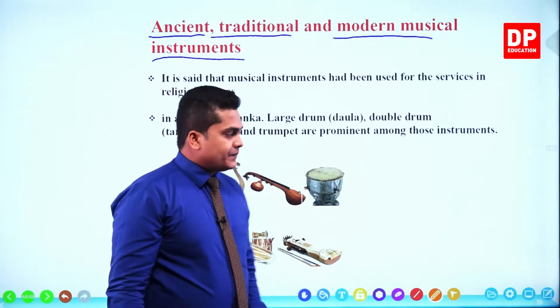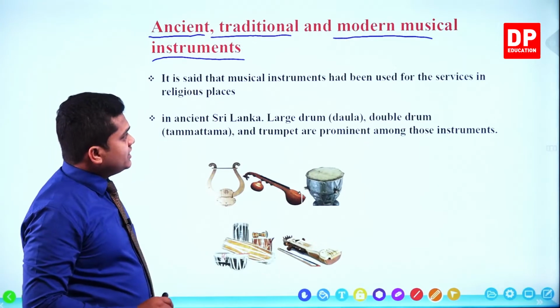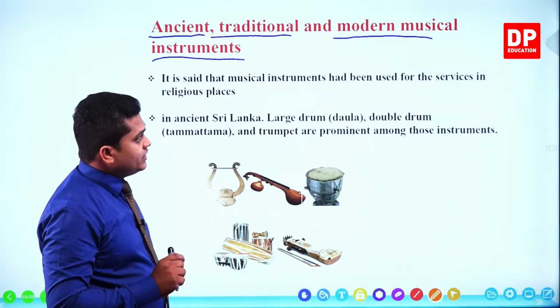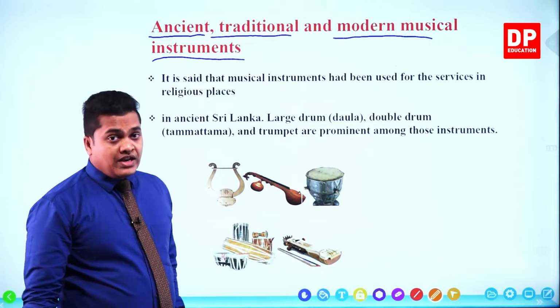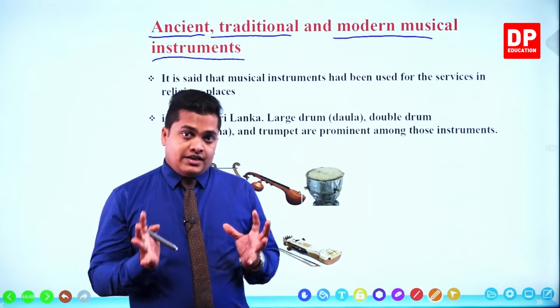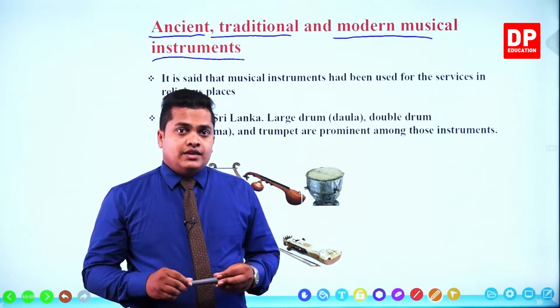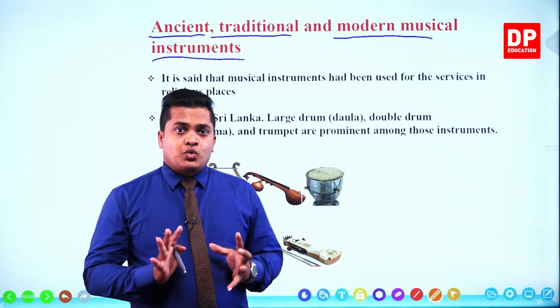So those are the three main types of musical instruments that we can observe in our day-to-day life. It is said that musical instruments had been used for services in religious places. In our earlier history, when you take Sri Lanka, Sri Lanka was ruled by kings, no?